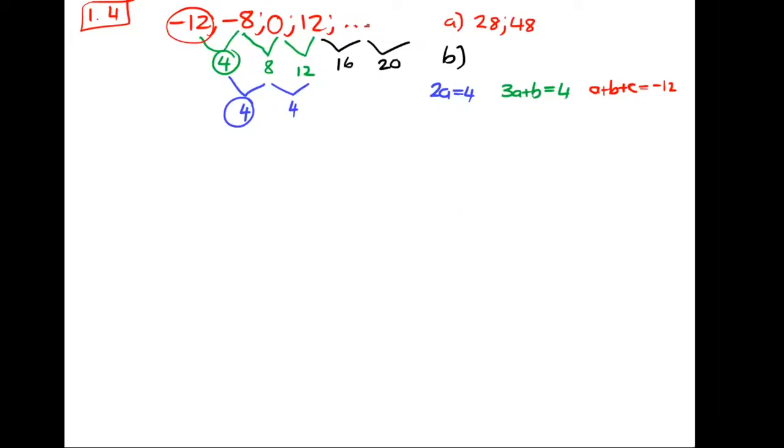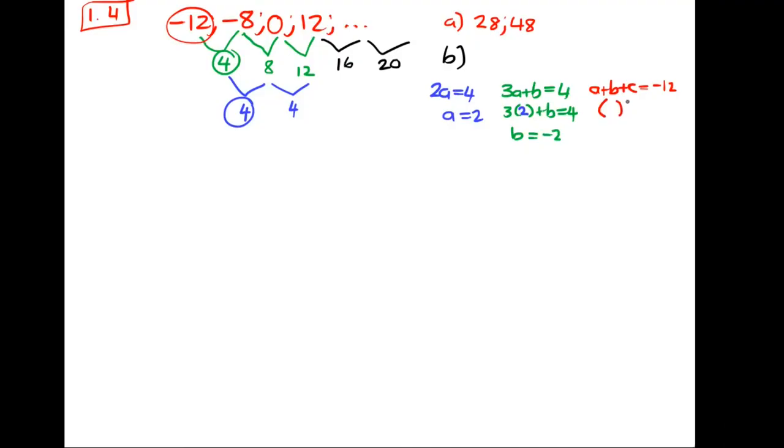And as we've just practiced, let's do our baby algebra here. So a is 2. So 3 times 2 plus b is going to equal 4. So we say, well, 4 minus 6, that is negative 2.